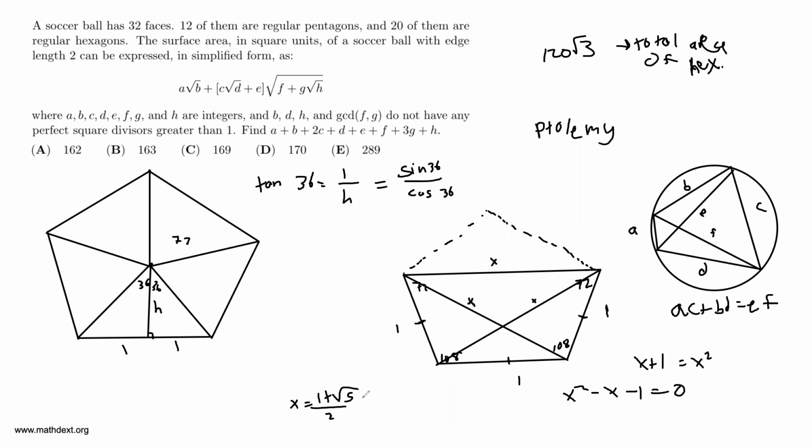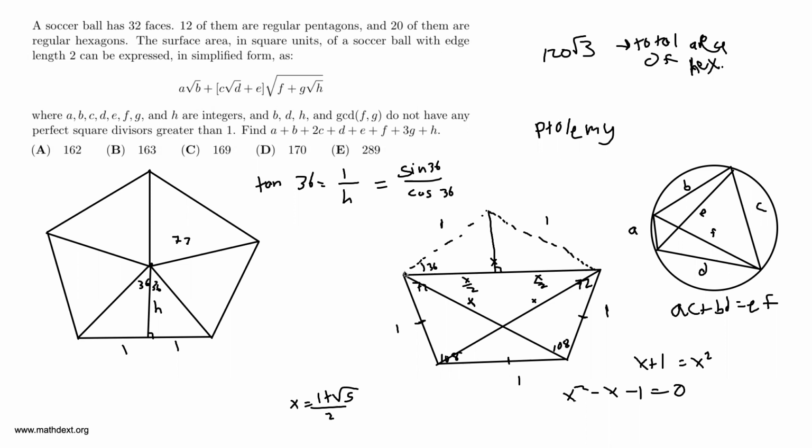And now at this point you might be stuck, but take a look at this dotted triangle up here, which has side length 1. And if you drop this altitude over here, because this is also length 1, it splits this into x over 2 and this side into x over 2 and x over 2. And this angle is a 36-degree angle, right? Because these triangles sum up to 108, which is the angle of a regular pentagon.